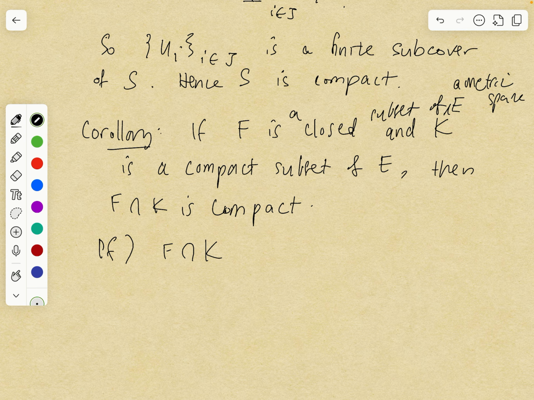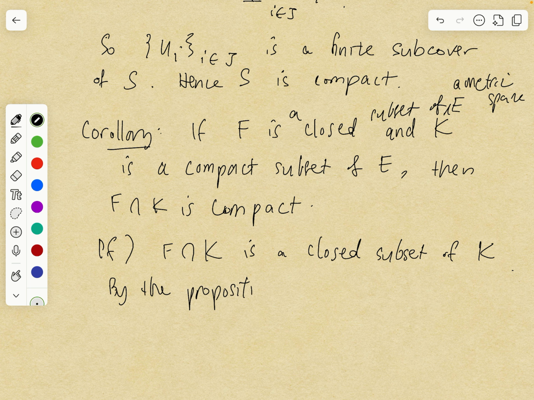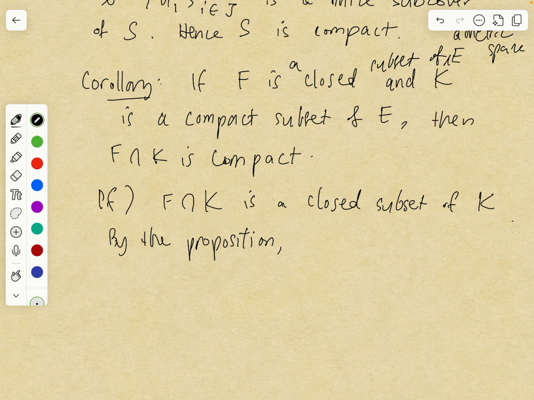It's a subset of K, and it's the intersection of a closed subset with K. So therefore, this is a closed subset of K. And then by the proposition, since a closed subset of a compact set is compact, F intersect K is compact. Okay. All right. Great.